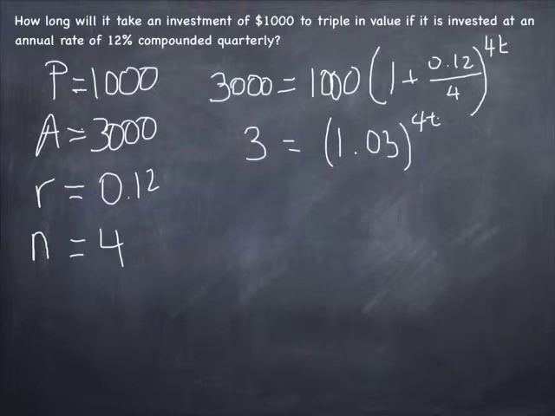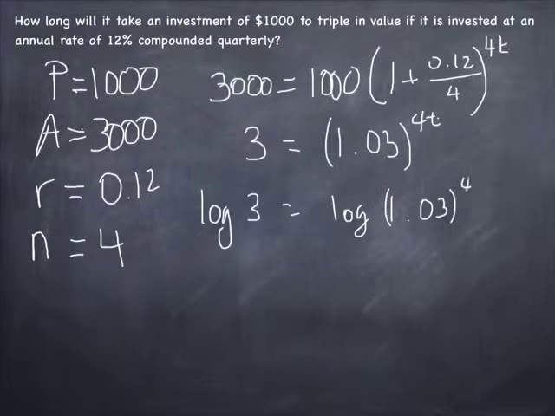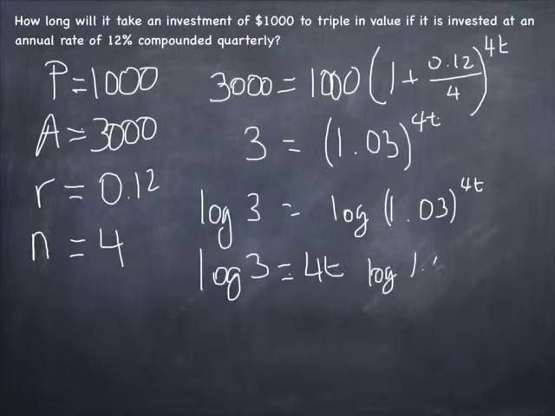Next, I'm going to use logarithms. The log of 3 equals the log of 1.03 to the 4t power. The reason I'm taking the log of both sides is now I can move 4t out of the exponent. Log of 3 equals 4t log of 1.03.